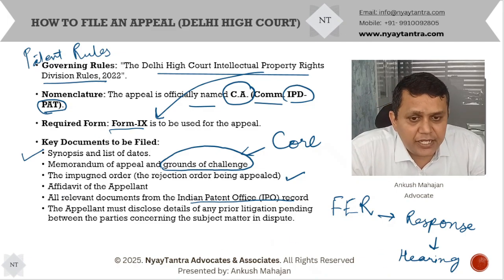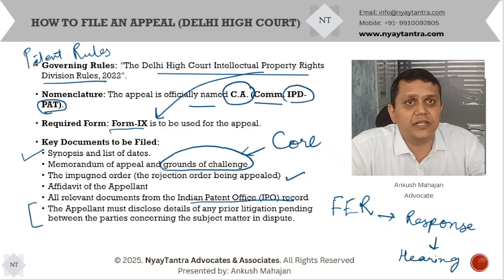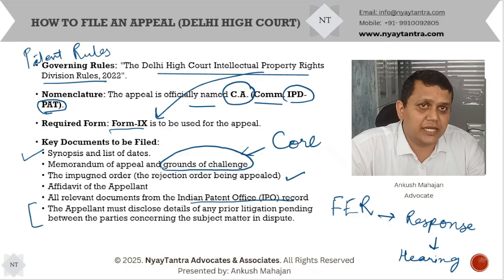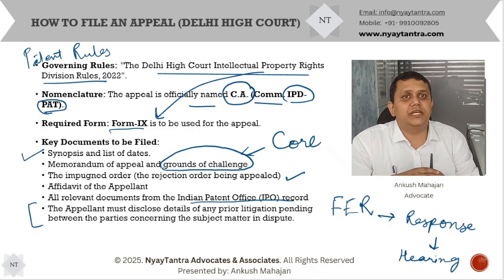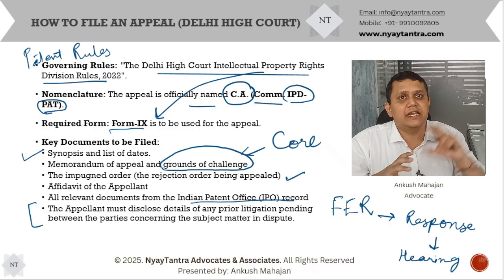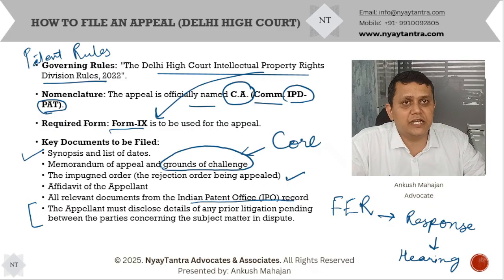Then another important thing which you need to understand is, for example, when the matter is between you and the patent office, then most of the documents which you are filing and relying upon before the patent office will automatically become part of the appeal proceedings.